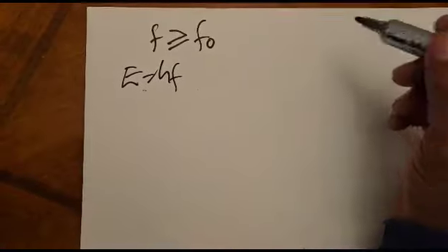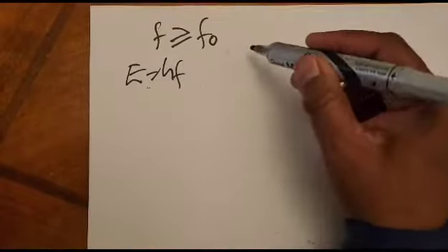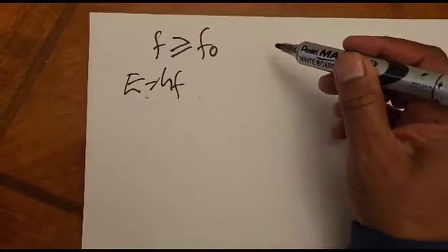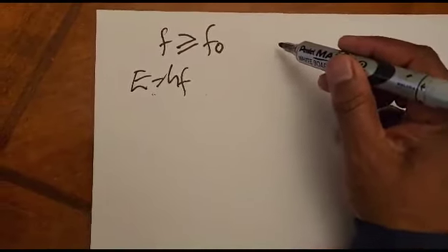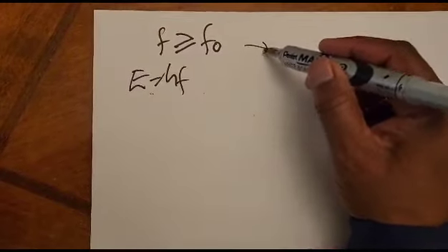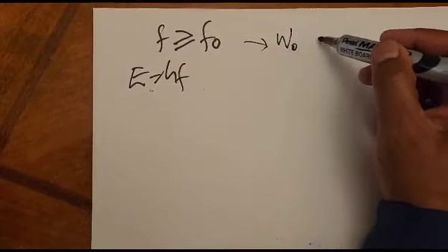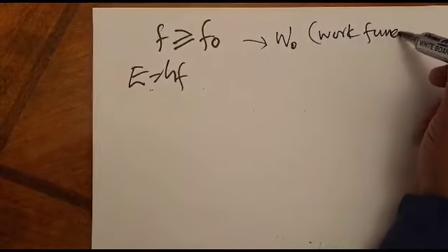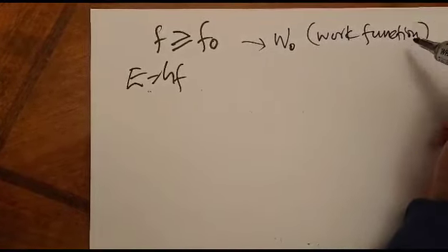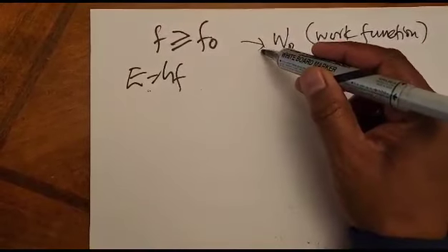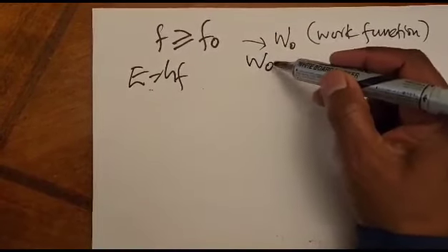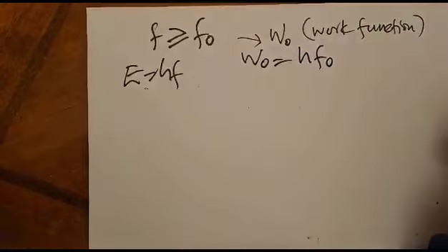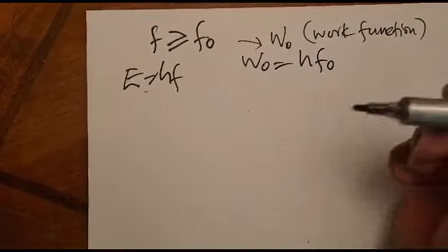Also, in the case of the metal, we can use the threshold frequency to calculate the energy of that metal, which is called W0, the work function. By calculation, the work function is Planck's constant multiplied by the threshold frequency. Therefore, what is a work function?